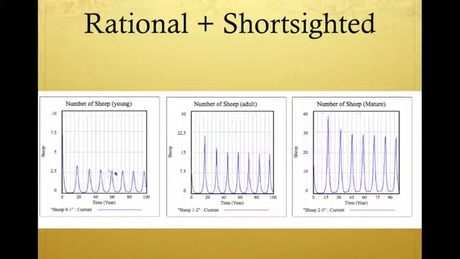You can see it cycling up and down, and it goes on in the three cohorts. What's interesting is that the periods of no sheep, all sheep getting wiped out, are longer than the periods where the sheep can thrive. So this scenario is completely unsustainable. It doesn't show any sustainability.